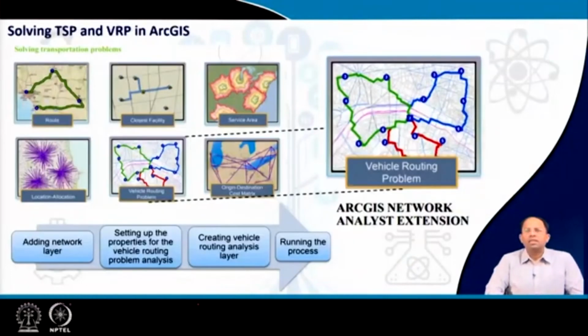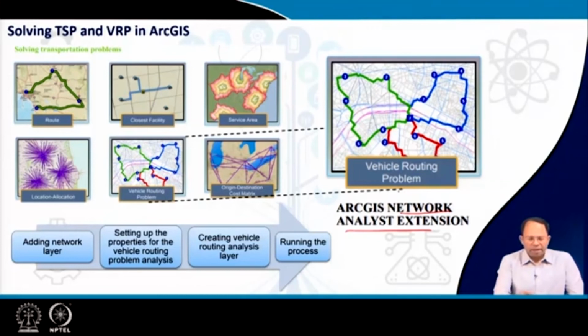So coming to the ArcGIS software, very quickly I will take you through this software. For example, ArcGIS is a GIS software where there is this network analyst part. It's one extension or one component of this particular software which you can add, and using this you can do this vehicle routing problem.